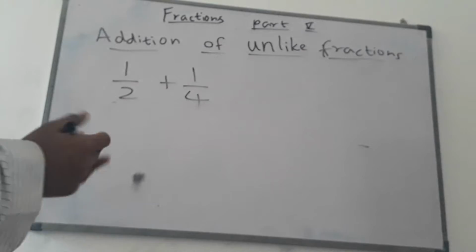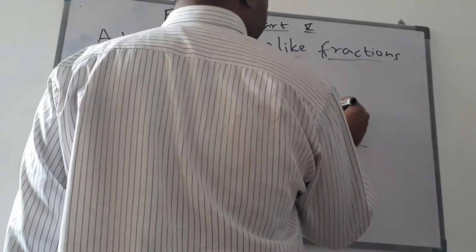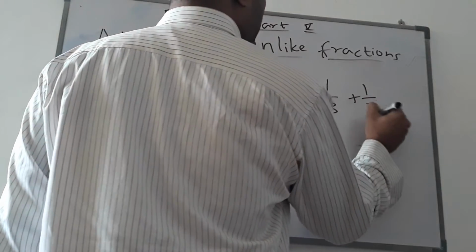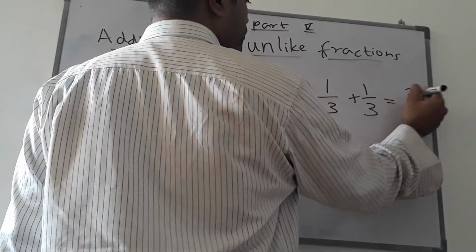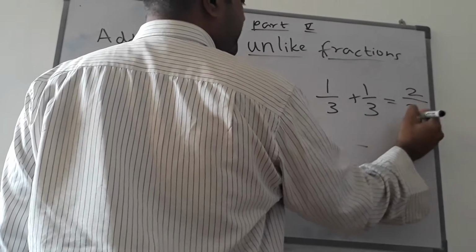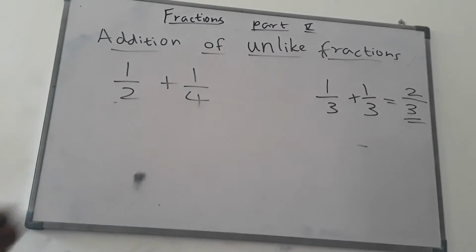When it comes to like fractions, for example something like this, we are adding numerators 1 and 1, 2, and the denominator stays the same. But here we have a different method, which means a little longer method.